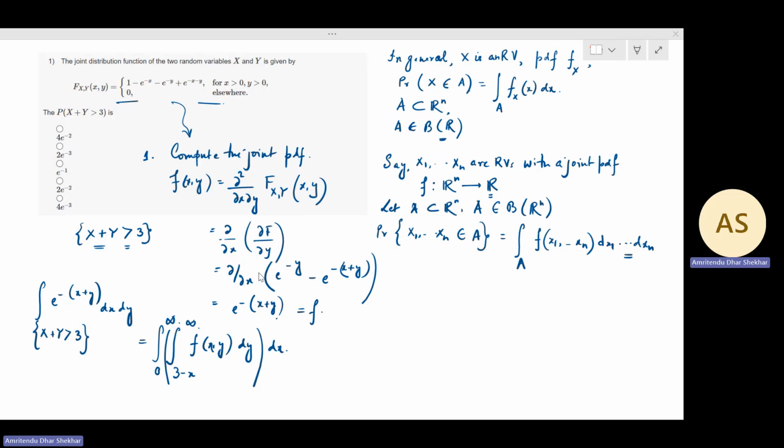So now let's look at another problem, which involves discrete random variables.